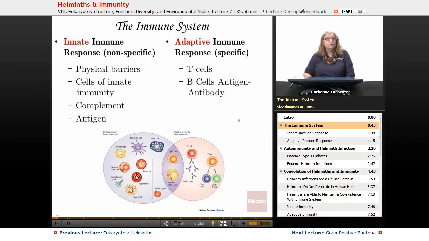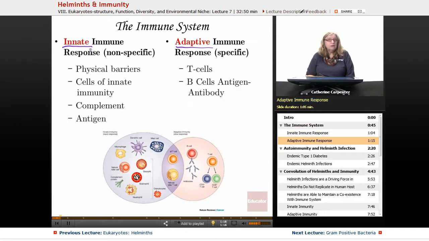So just to go back and review, the immune system, remember, is composed of the innate immune response and the acquired adaptive immune response. And most infections involve the interaction of both of these arms of the immune system. So innate immunity, for instance, involves the physical barriers, the cells of innate immunity, complement and antigen identification.